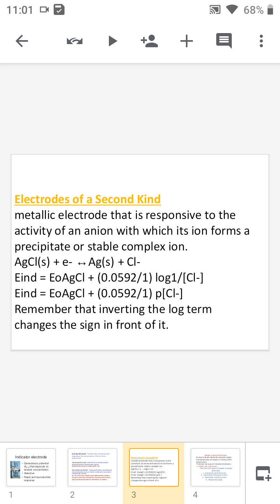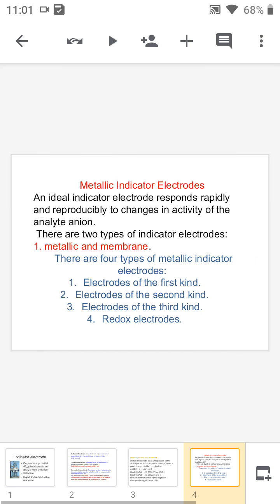This is an example of a metallic electrode that is responsive to the activity of an anion with which its ion forms a precipitate or a stable complex ion. For example, to measure the concentration of Cl- ion, we take the analyte solution as AgCl, which splits into Ag+ and Cl-, and we can measure the concentration of the Ag+ ion in the solution. From that we can convert to the concentration of the Cl- ion, and thus we measure the concentration of the Cl- ion.